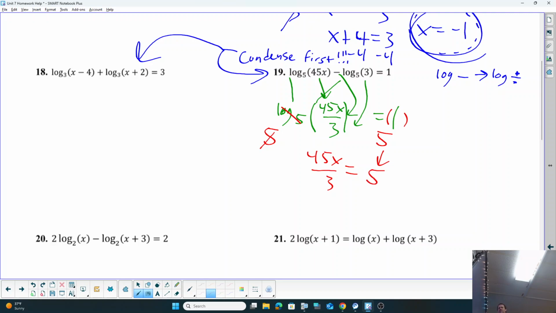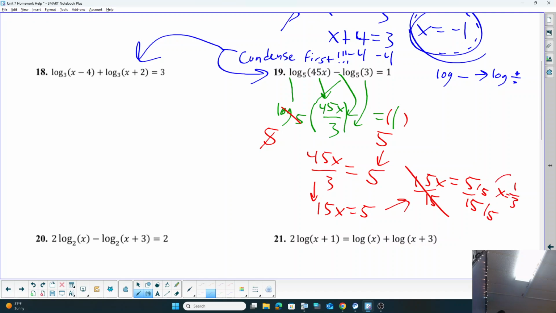And then what's 45 divided by 3? Isn't that like 15x? Yeah, that's 15x equals 5. And then 15x equals 5, we're going to divide by 15. And that reduces. Divide by 5, divide by 5. So you should get 1/3. X equals 1/3 for number 19.